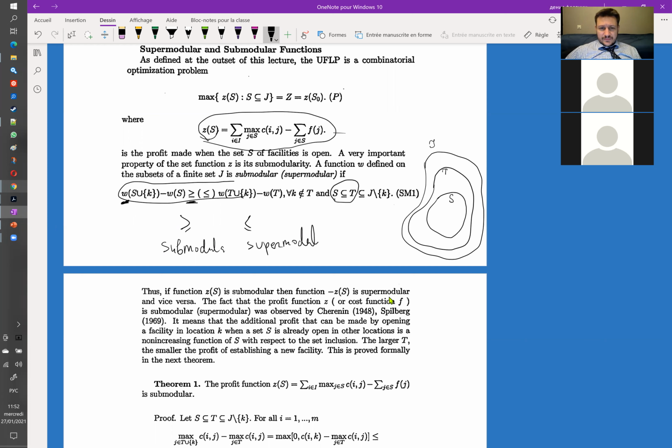And for any K not in T, we want to check this function of our set and this point.